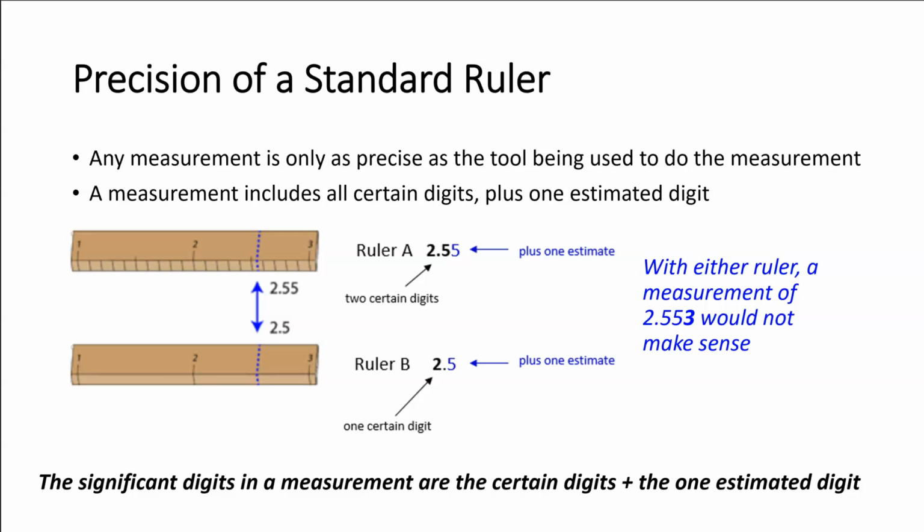So we would say that ruler A, that 2.55 measurement, has 3 significant digits, the 2 certain ones and the 3rd estimated one, whereas the ruler on the bottom has 2 significant digits, this estimated one and the 0.5.